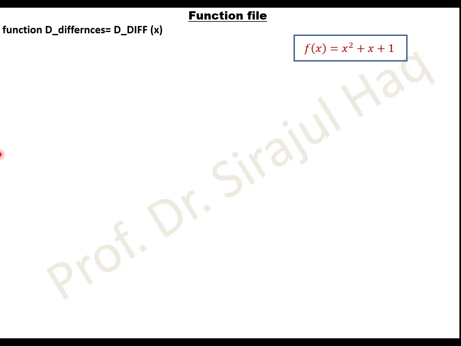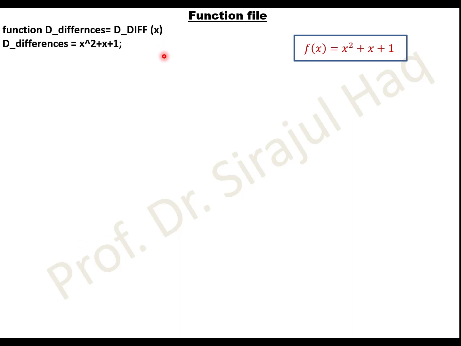This is the function. I use this divided difference; this is just a matter of notation. You can use any notation you like, and this is the notation I'm using for divided differences. This is the variable, and you will be sending information to this file.